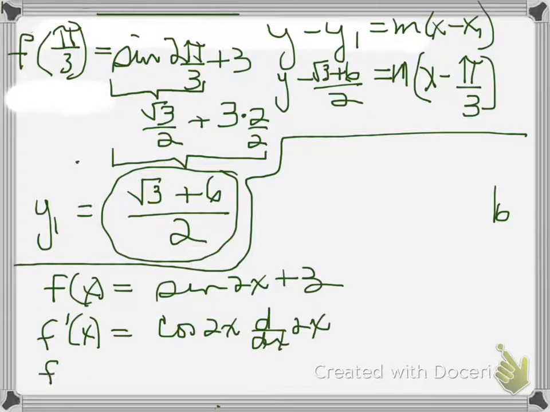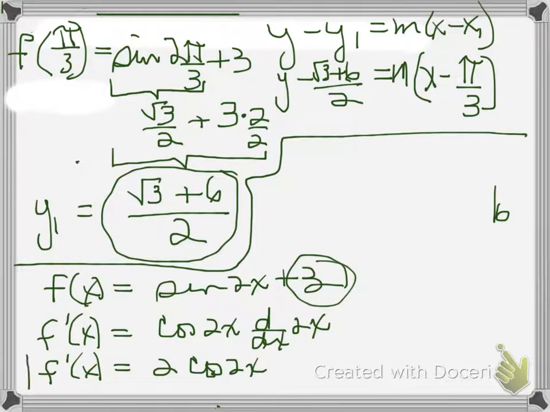So my full derivative is going to be f prime of x equals 2 cosine 2x. Now what about this 3? That derivative is just 0, so here is our final derivative.